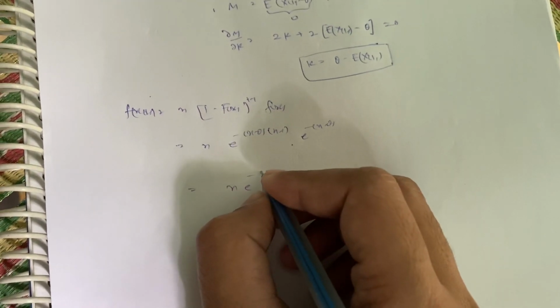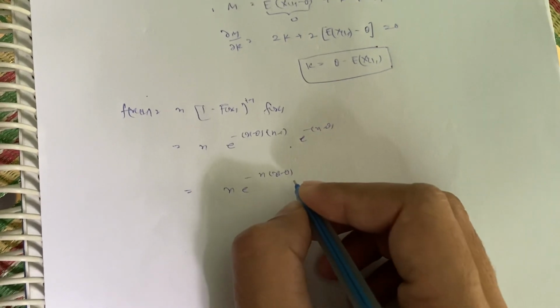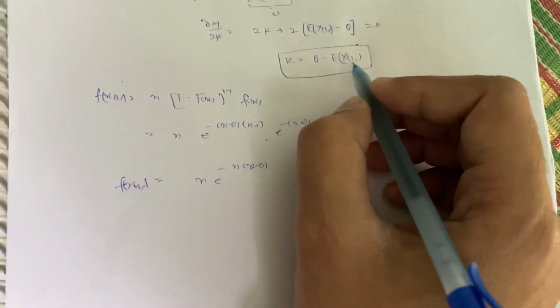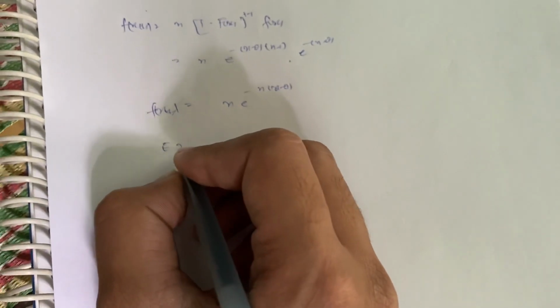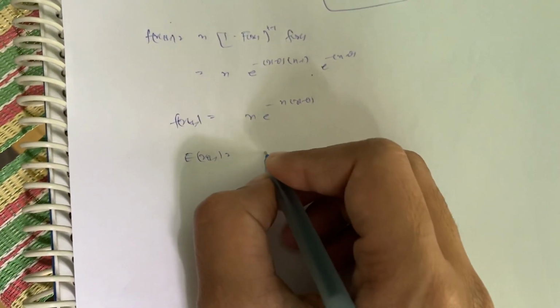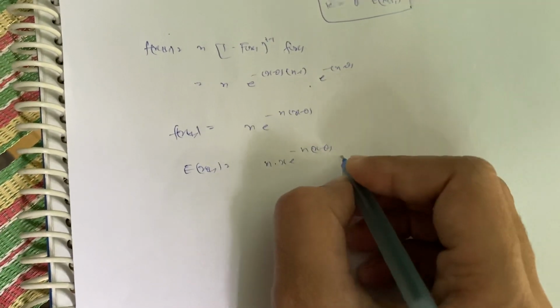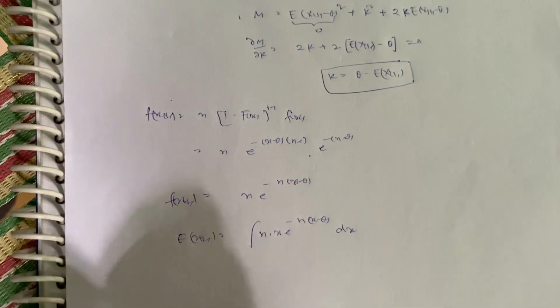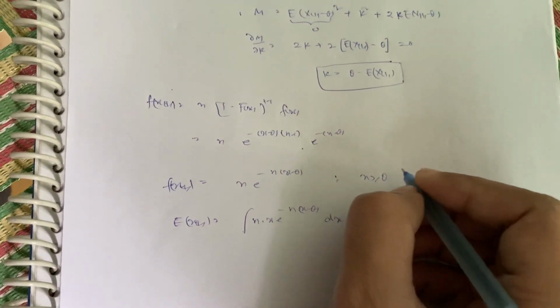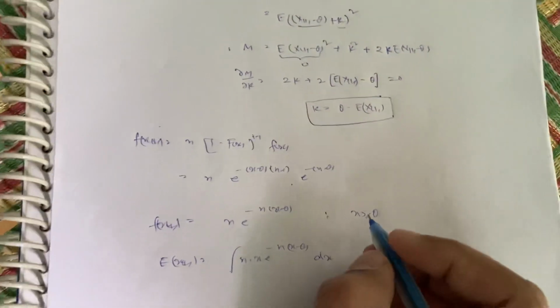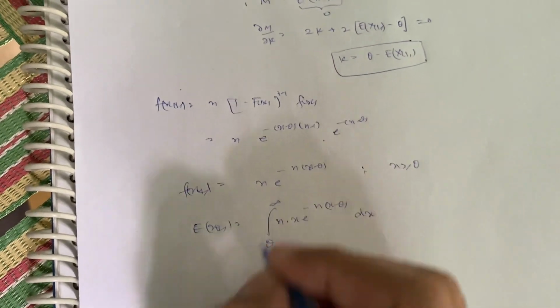So the density is n e to the power minus n(x minus theta). We need to calculate the expectation of X(1), which is the integral of n x e to the power minus n(x minus theta) dx, where the limit of x is the same as the density limit, x greater than theta, meaning theta to infinity.